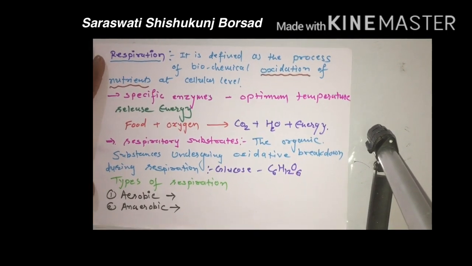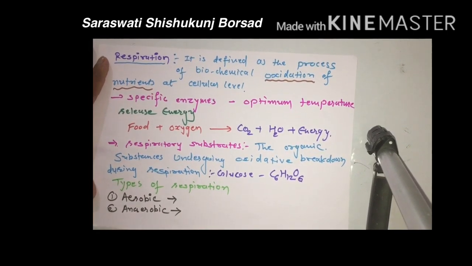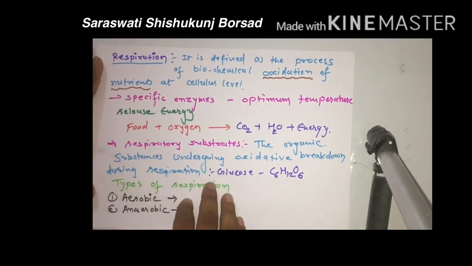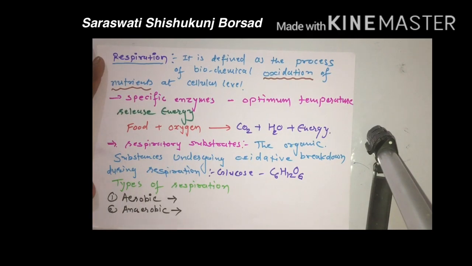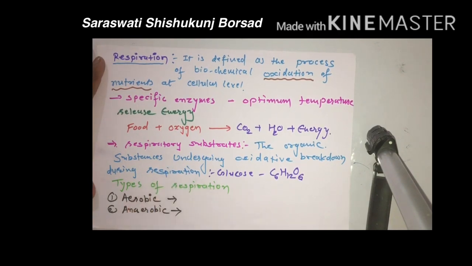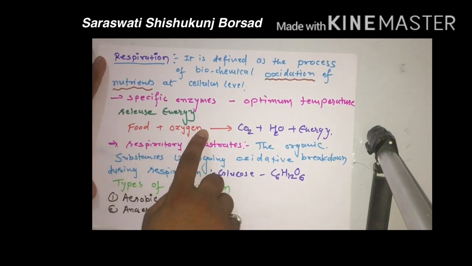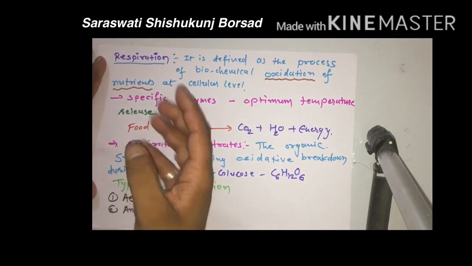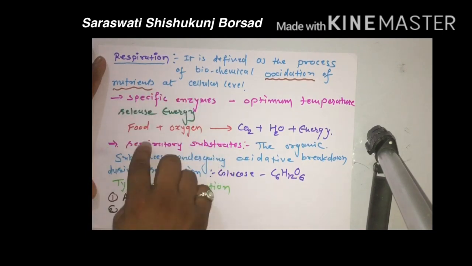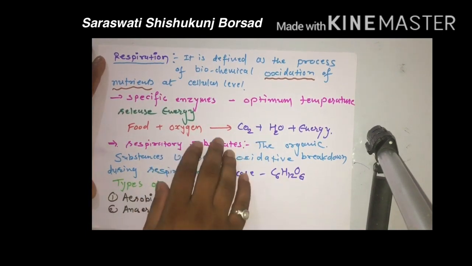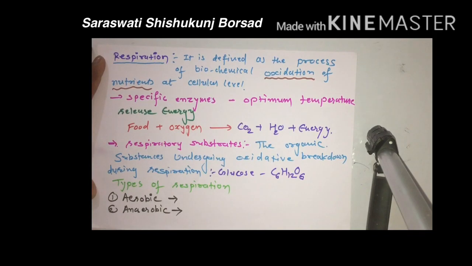What is done in aerobic respiration and how anaerobic respiration is done, we are going to discuss. So again, what is the concept of respiration? It is a process of biochemical oxidation of nutrients at cellular level, done in the presence of specific enzymes and at optimum temperature. The food which we take, the nutrients, gets oxidized and gives us carbon dioxide, water and energy.